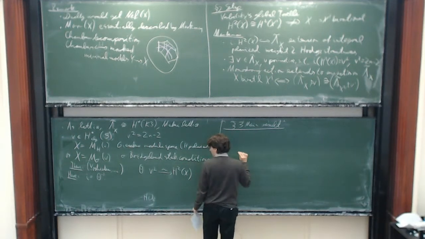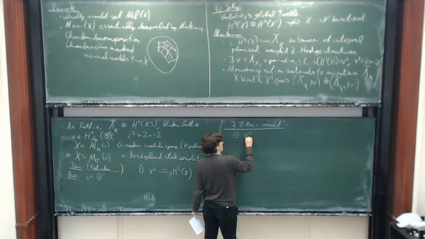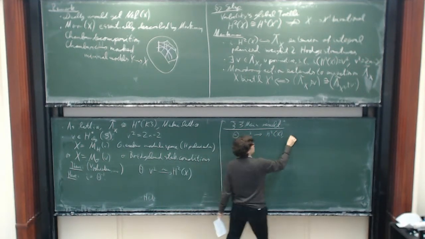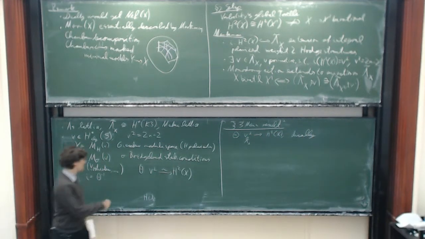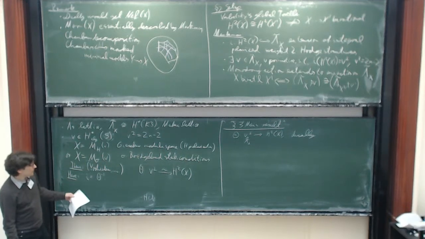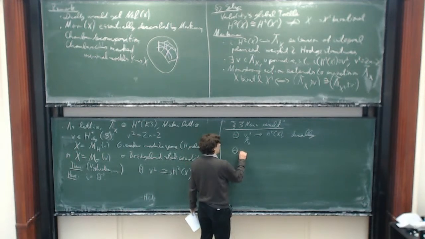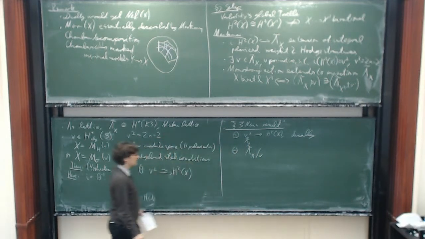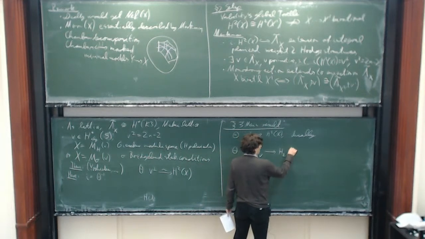If I look at this theta from v perp inside this lambda X twiddle to H2 of X, then dually this gives, so here in general I just define theta to be the inverse of I, a morphism from this lattice modulo v, so v is always an algebraic class, to H2 of X.